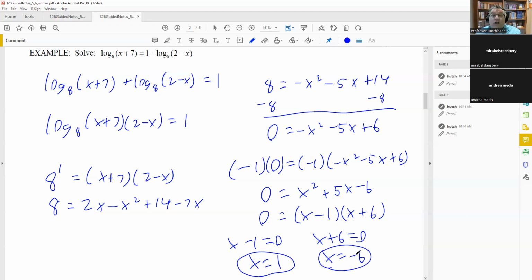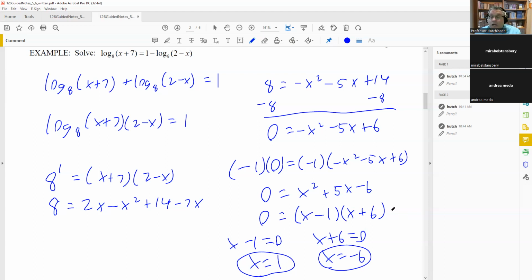Just because it's a negative x doesn't necessarily mean you're just going to automatically cross it out. You've got to go back and check in the original problem and make sure that whatever you have inside the log is positive. Okay, so in that case, both of these give you positive numbers inside. That's fine. As long as it doesn't get a 0 or a negative number inside the log, then it's okay. All right, so both those will be our answer.